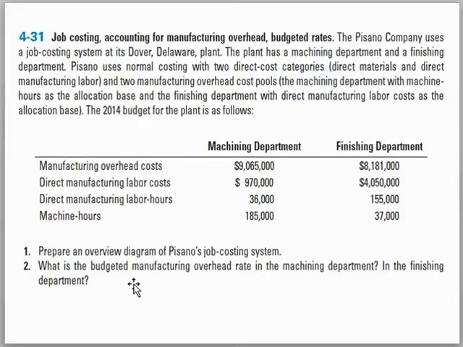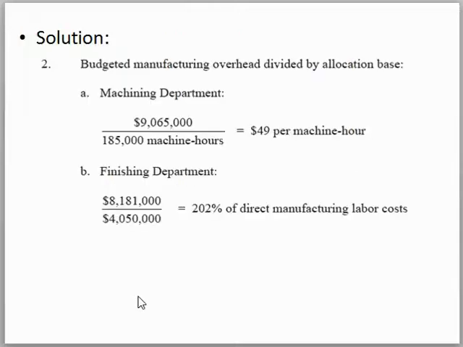He wants to know what is the budgeted manufacturing overhead rate in the machining department and in the finishing department. So we will calculate the rate for both departments using the budgeted overhead costs divided by the budgeted base. For the machining department, we will divide the budgeted overhead cost 9,065,000 by the machine hours, which is the budgeted base, 185,000, to get the budgeted rate of $49 per machine hour.